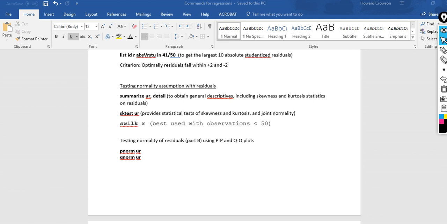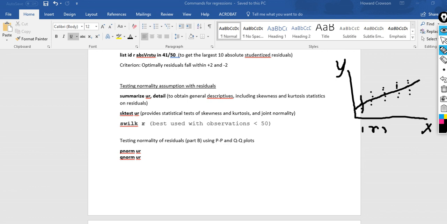And technically speaking, this assumption concerns the conditional distributions for the residuals. What I mean by that is, when you have your predictor variable, and I'm just going to use a bivariate relationship here between x and y, imagine a plot of data points dispersed around the prediction line. Let's say this is x equals 1, x equals 2, x equals 3, x equals 4, and x equals 5.